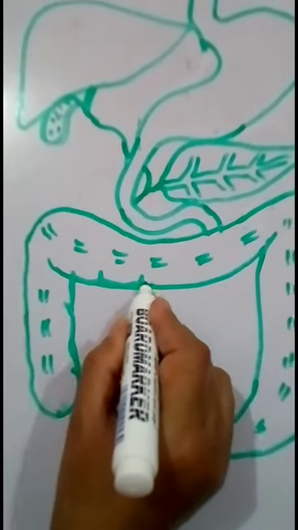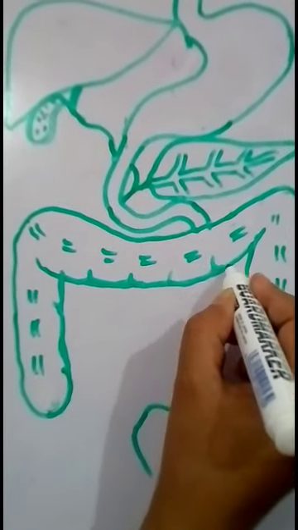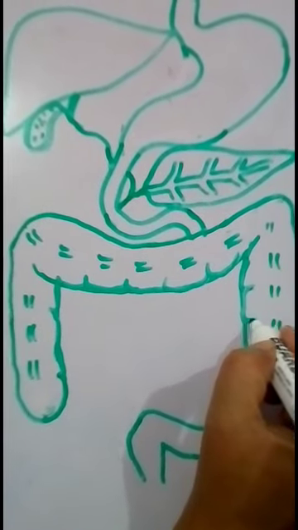Its coils can be shown with the help of small indentations.